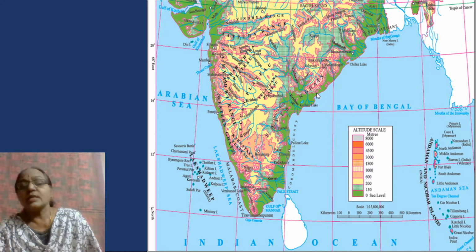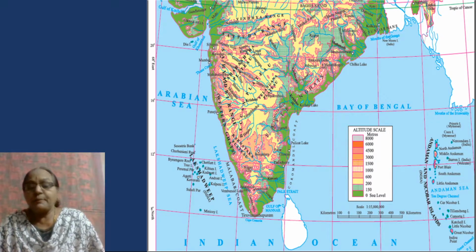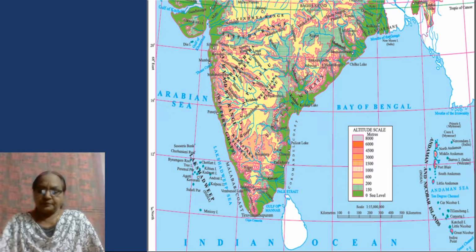And these have formed extensive deltas at the mouths of the rivers. So rivers like the Mahanadi, the Godavari, Krishna, Kaveri, etc., have all formed extensive deltas along the mouth, which is formed due to the depositional work of these rivers.